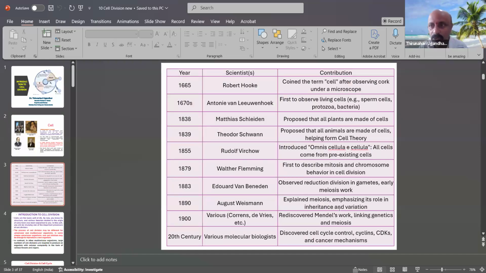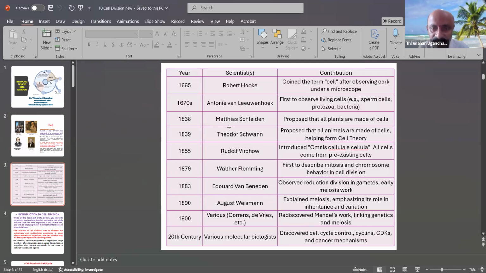So this is also the pioneering work of cell biology. In 1665, Robert Hooke coined the term cell after observing cork under the microscope. In the 1670s, Anton von Leeuwenhoek first observed living cells, for example sperm cells, protozoa, and bacteria, which are all microscopic organisms.